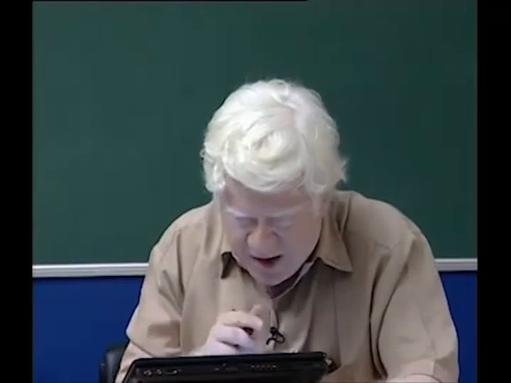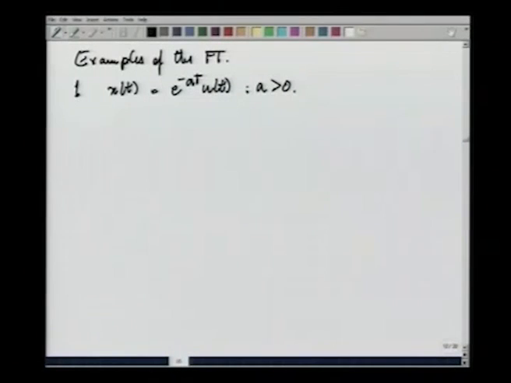Then the Fourier transform turns out to be X omega equals 1 by a plus j omega for minus infinity less than omega less than infinity.